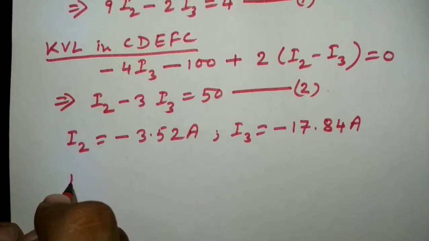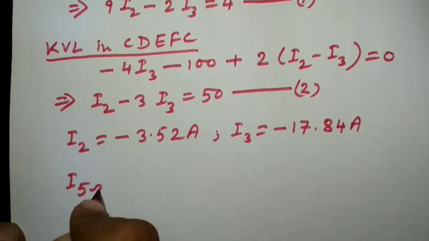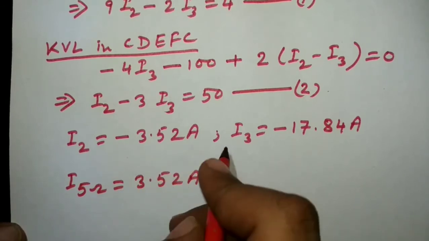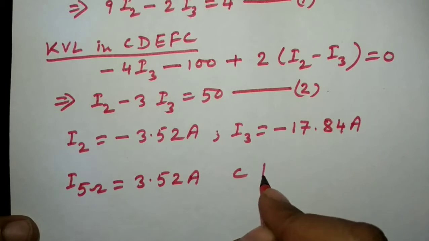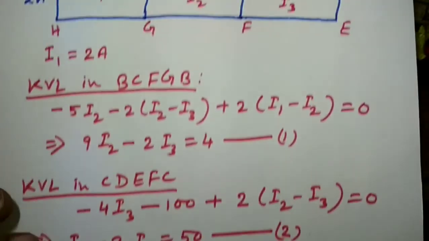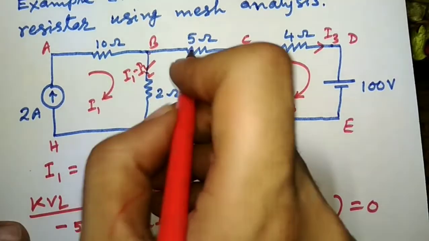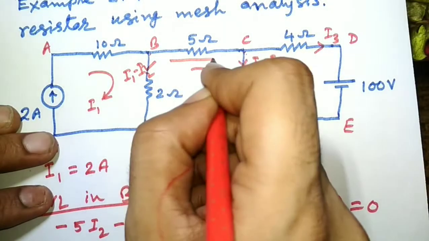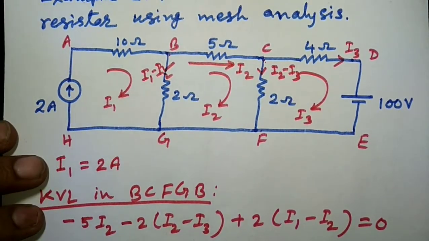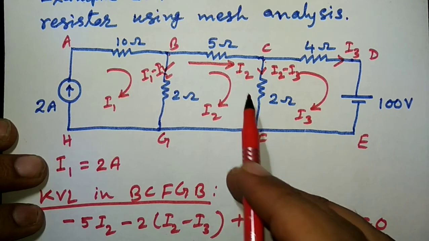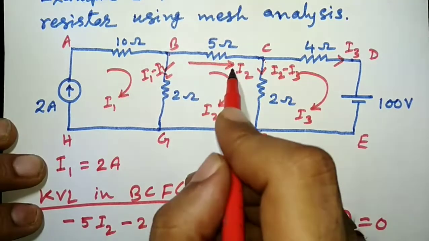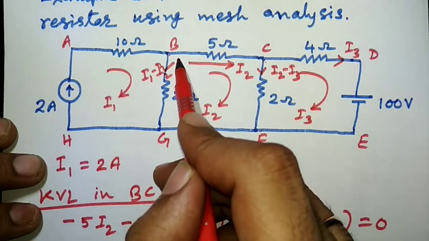So our final answer is the current in 5 ohm resistance will be 3.52 ampere and the direction will be from C to B, because as per our assumption the current was from B to C, but as the value is negative, I2 is minus 3.52 ampere, that means actually the current is flowing in the opposite direction.